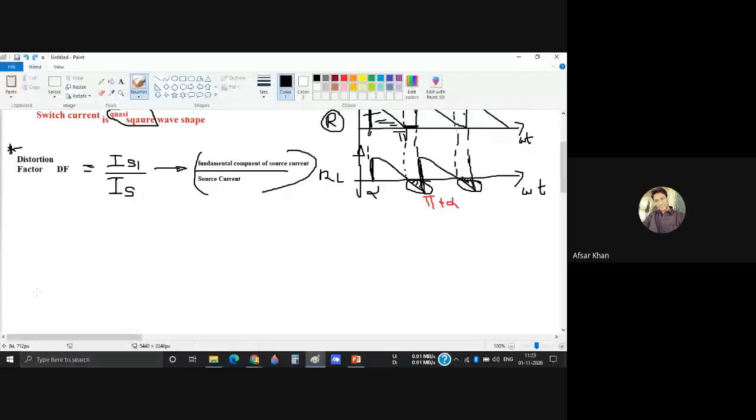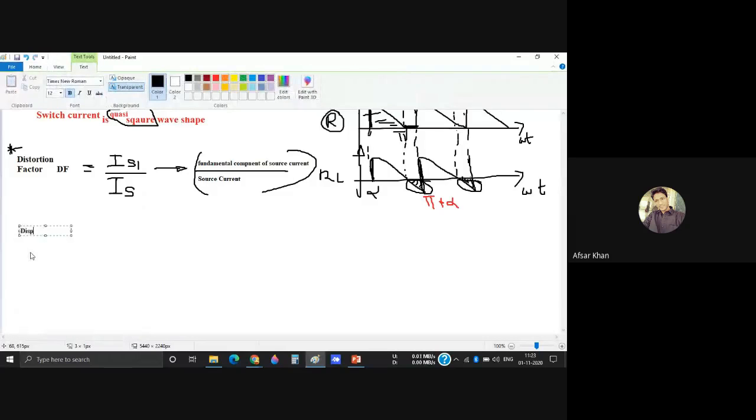Next formula we have to use is displacement power factor, or DPF.